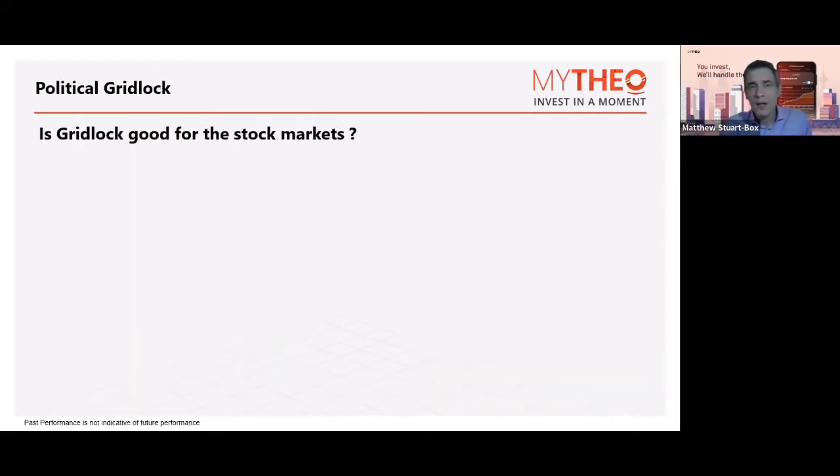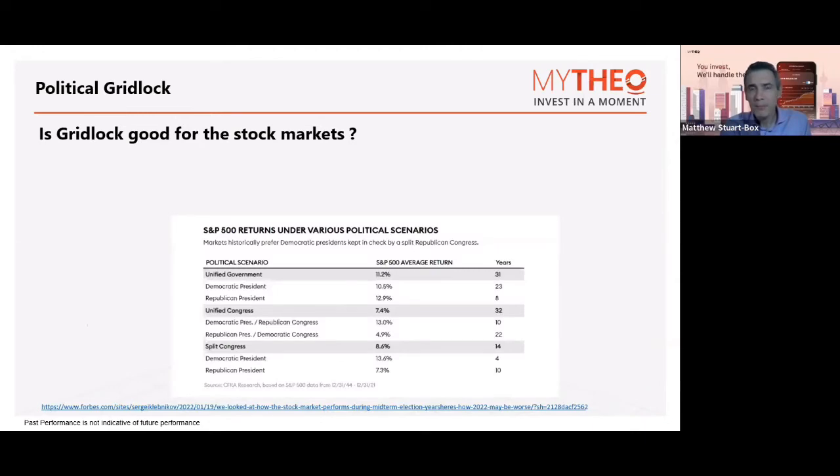But if you look at the data, this is a very useful study that was published recently. It looks back over the last nearly 80 years, and it splits up the time period into what they call unified government. This is where the president and both houses of Congress are all from the same party. And then it looks at different cases where you have a president from one party and Congress is controlled by people from another party.